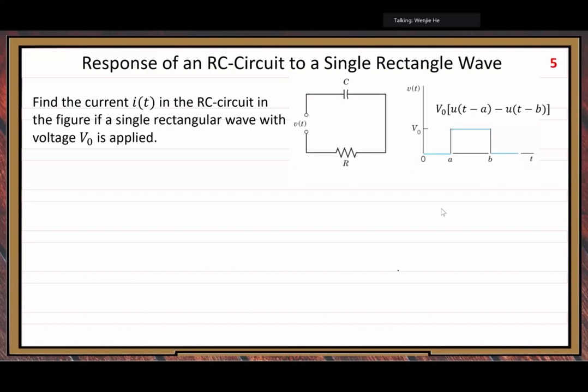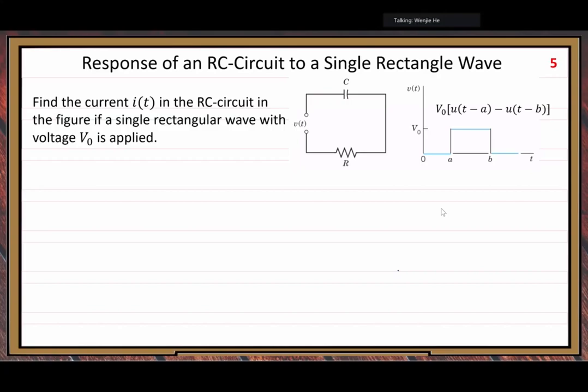So that's another reason you can see if we use the Heaviside function, we can represent this. Here we call it the single rectangle wave, right? So we can represent a single rectangle wave easily. But there is another name people also use frequently.